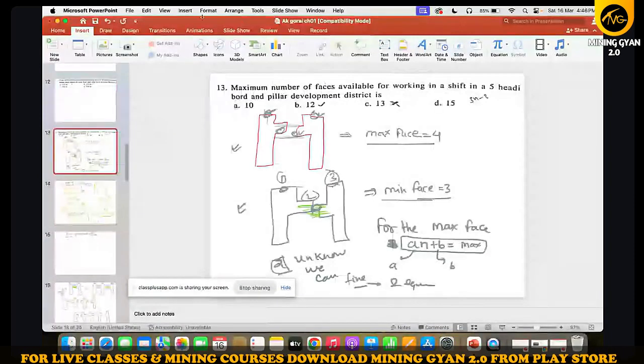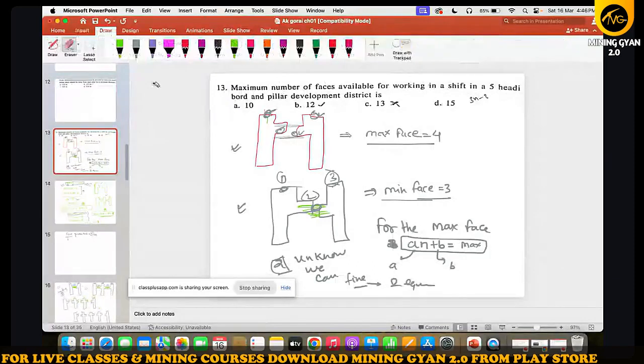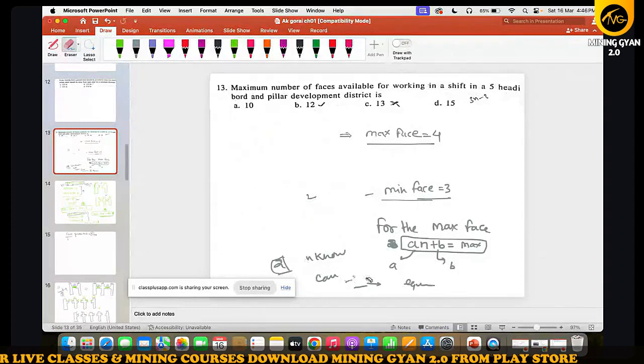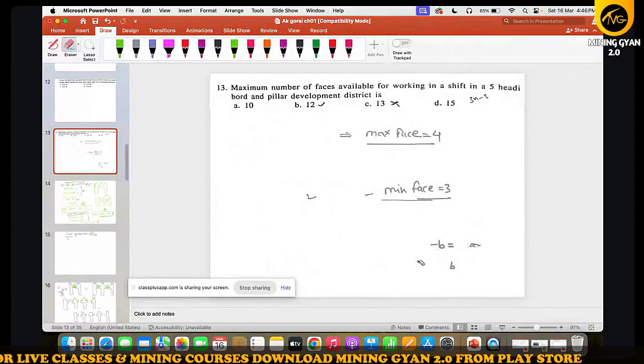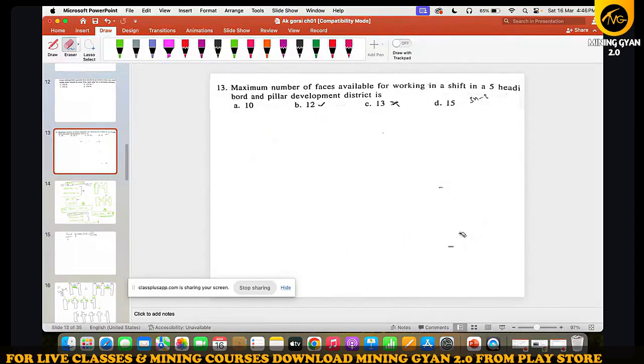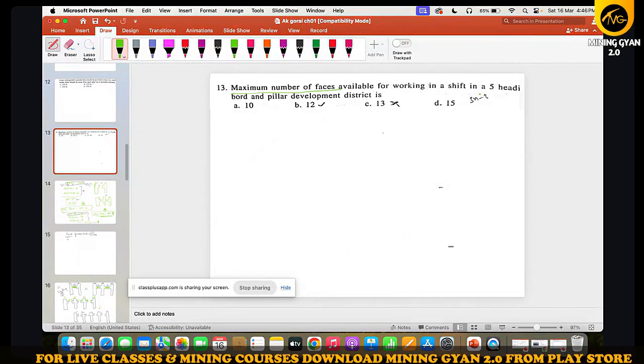So this was our first question. Again we will solve. So in this question, the maximum face, number of faces available, 5 headings given.